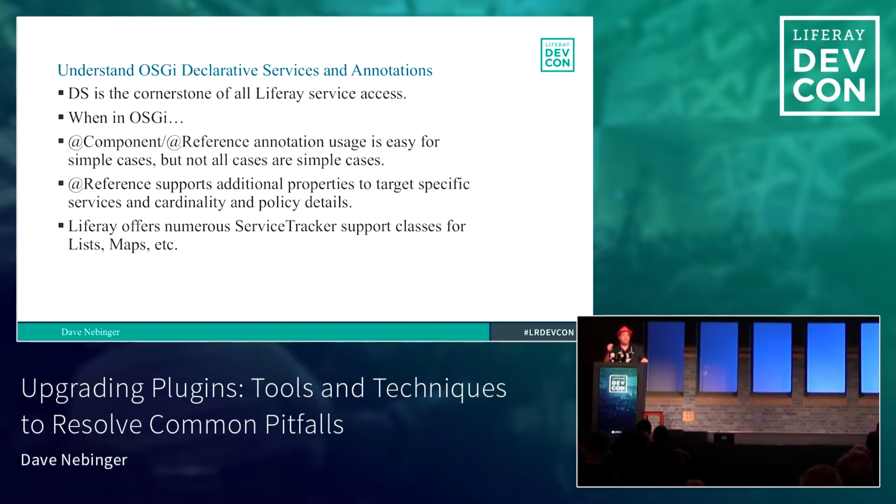So when you're in OSGi doing module development, you don't want to use any of the static util classes. Those are all bad. You want to use your @reference injection. Don't use portal util anymore. Inject the portal into your service and leverage it that way.